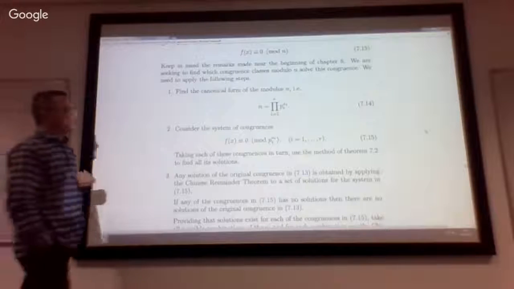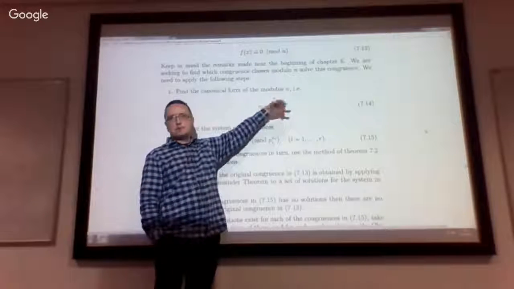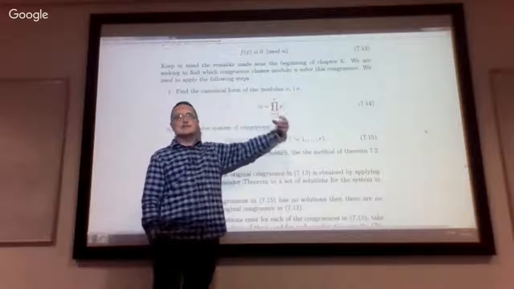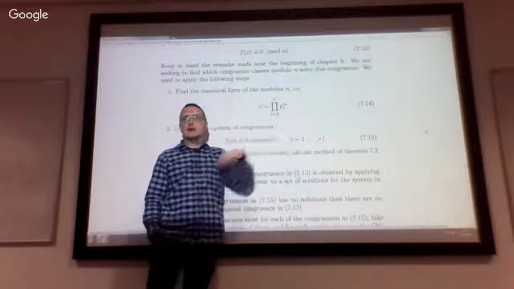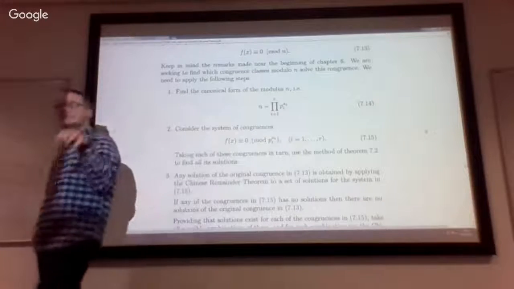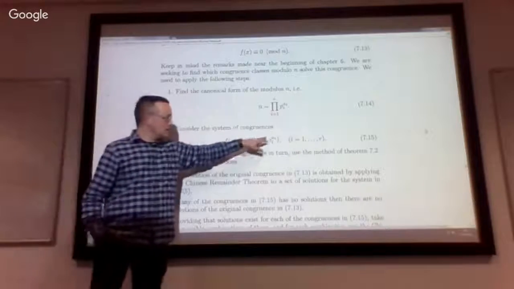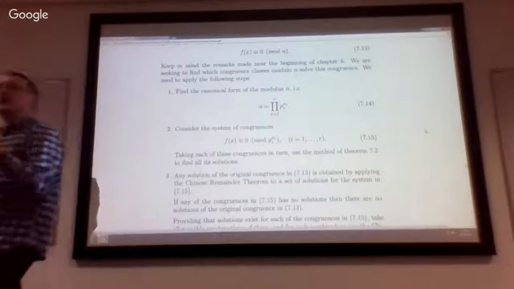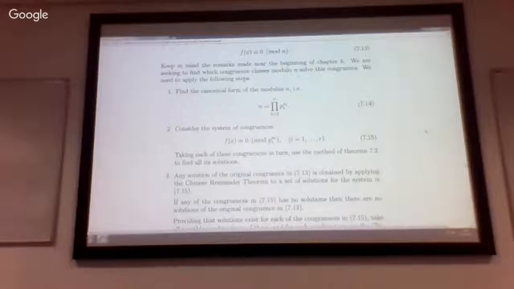But you'll notice that each of the primes pi are distinct up here. They're different primes, p1, p2, up to pr. None of them are the same. So the different moduli in the system down here are pairwise co-prime.